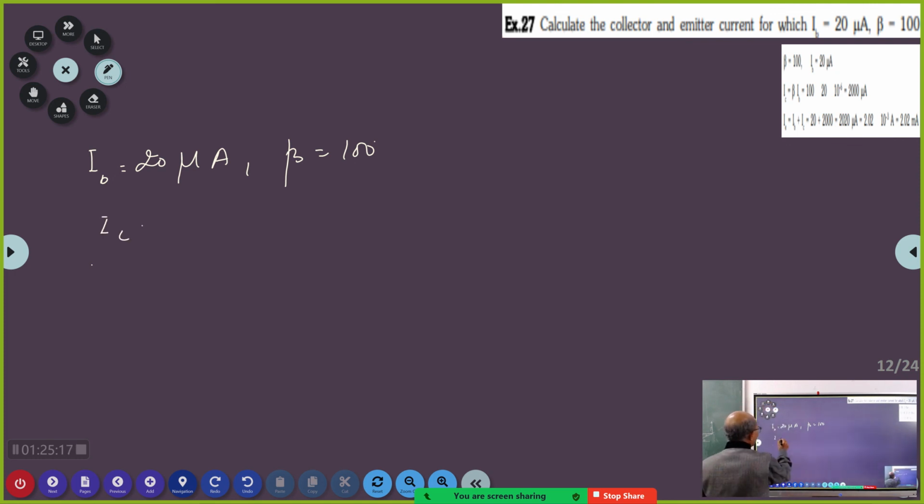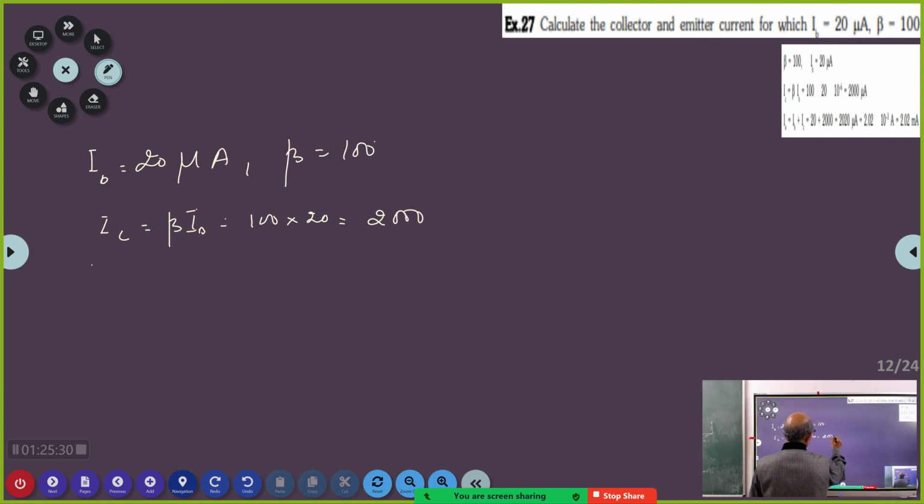What will be the collector current? It is beta times IB, so it will be 100 into 20 microamperes, that is 2000 microamperes, or 2 milliamperes.